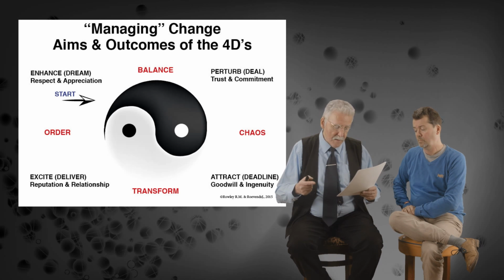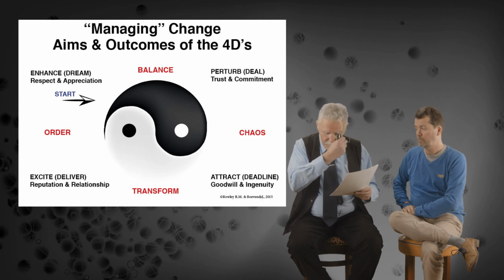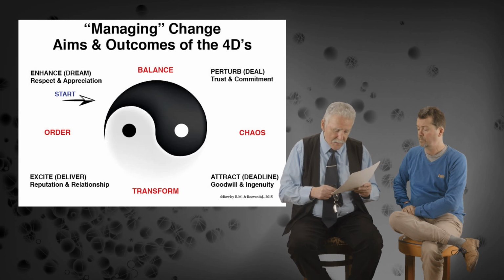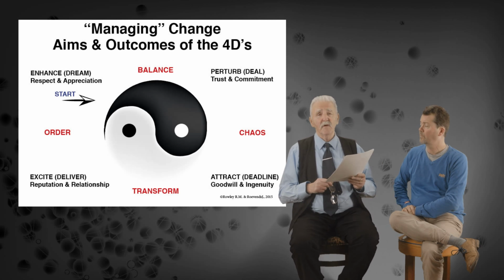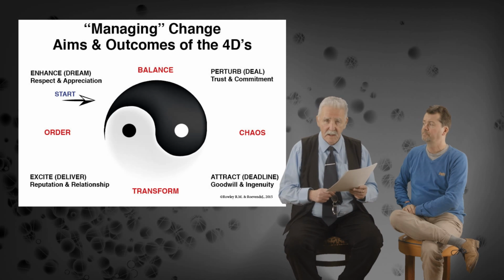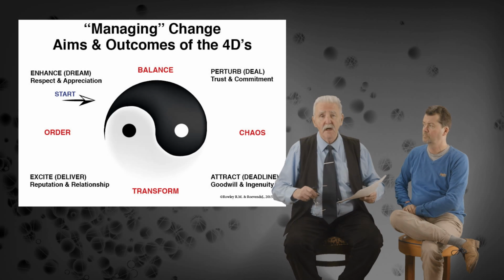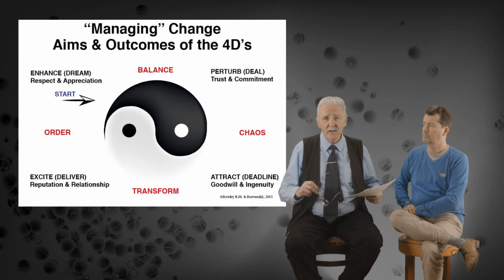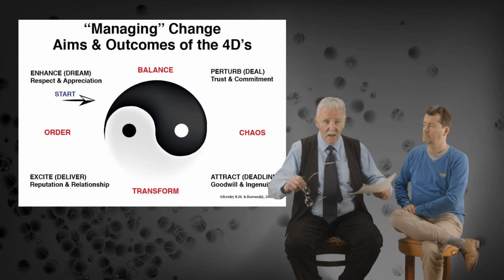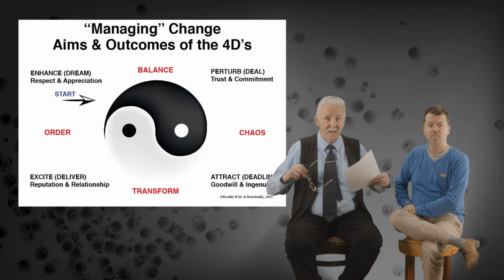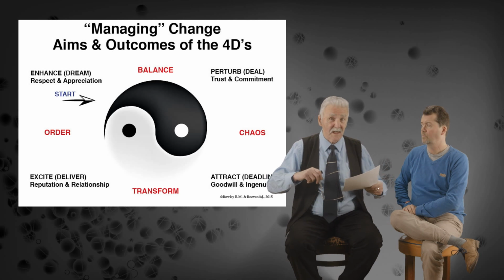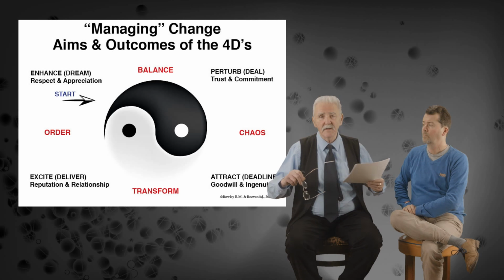The attract phase is when actually you set a deadline. If you want to excite people's behavior, you set a deadline. And at that phase, that's where goodwill and ingenuity and creativity has appeared and is starting. People are starting to work together, goodwill and ingenuity and creativity.